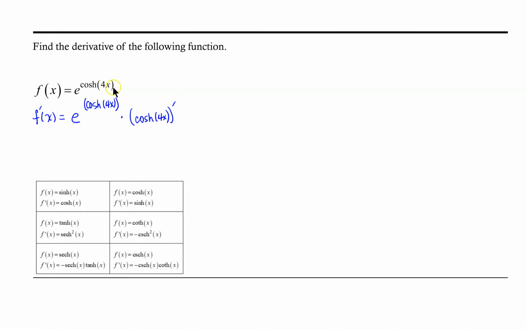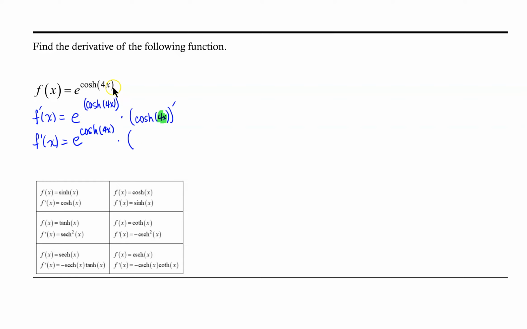And continuing, f prime of x is equal to e to the cosh of 4x times, now we need the derivative of cosh of 4x. Well, we're going to have to use the chain rule again because we don't have simply cosh of x, we have cosh of 4x.